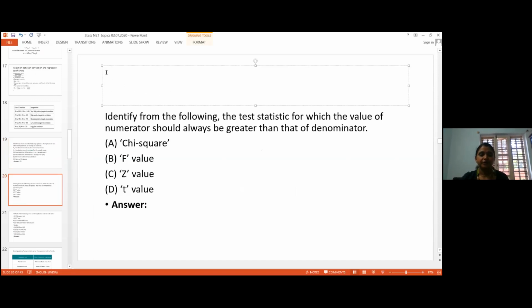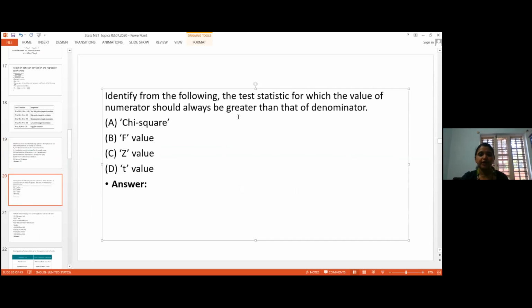Identify from the following the test statistic for which the value of the numerator should always be greater than that of the denominator. From which of them is the value of the numerator always greater than that of the denominator?